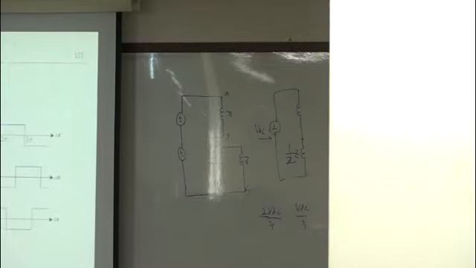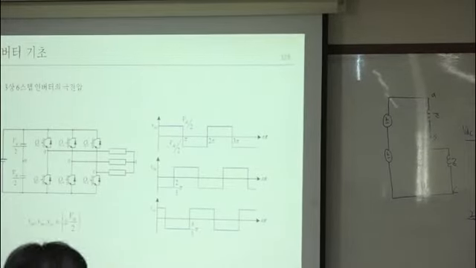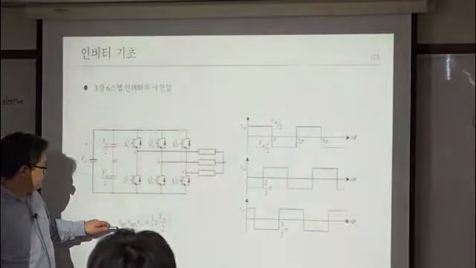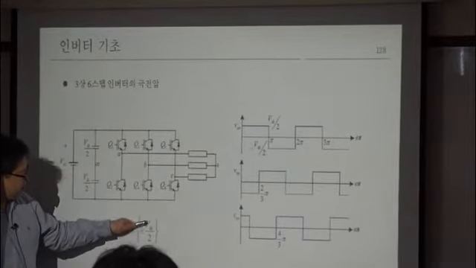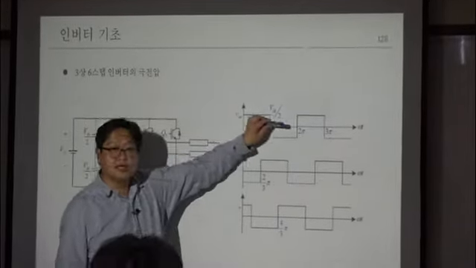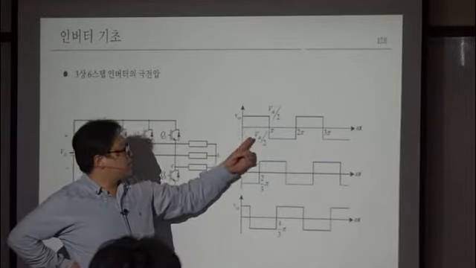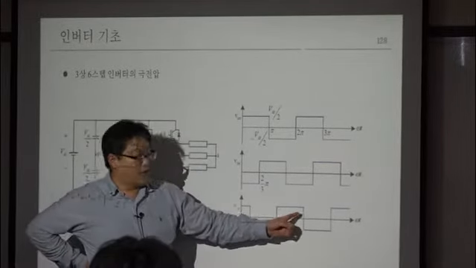So, this is the pole voltage of the three-phase inverter here. Then your VAN, VBN, VCN may have plus or minus VDC over 2 like this, and their phases are different.